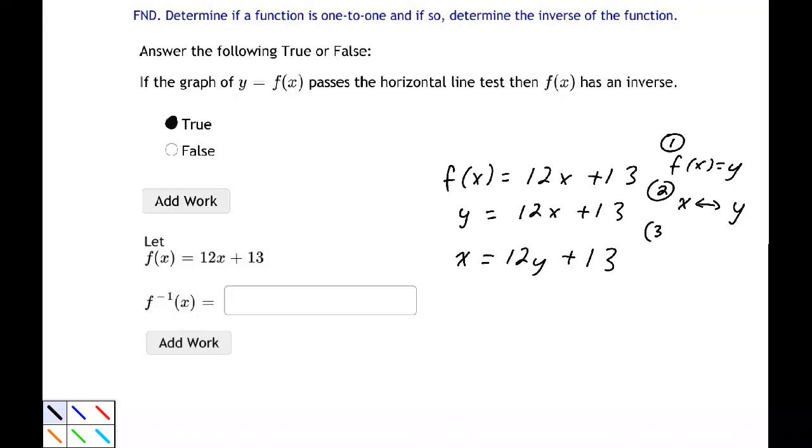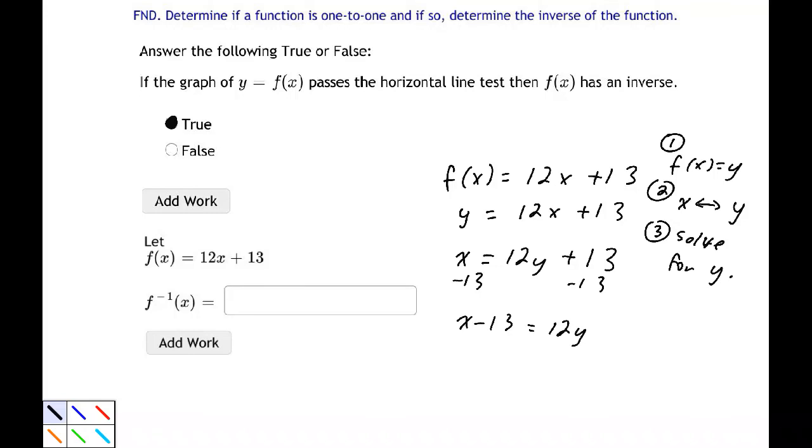And then the final step is solve for y. So I'm going to subtract 13 from both sides. I have x equals 12y plus 13. Subtracting 13 produces x minus 13 equals 12y.